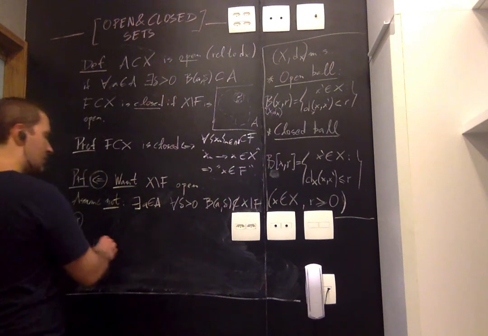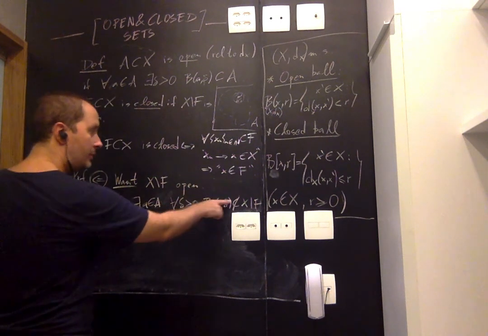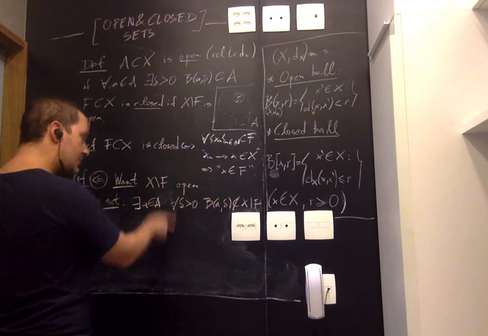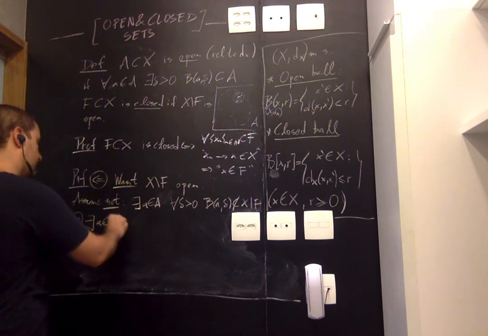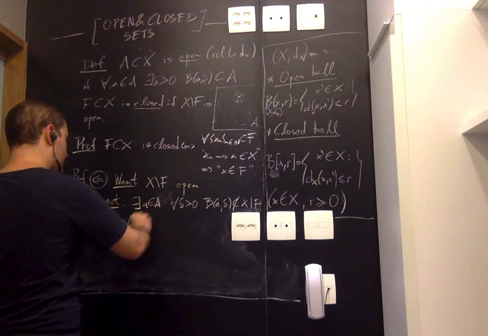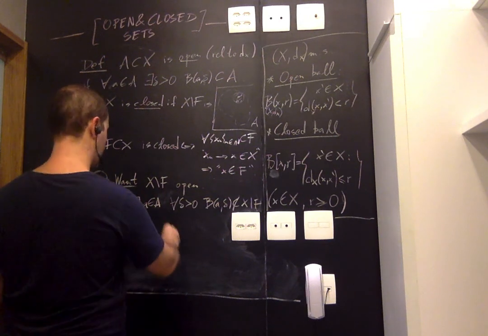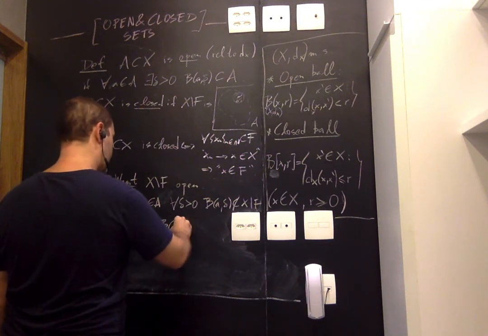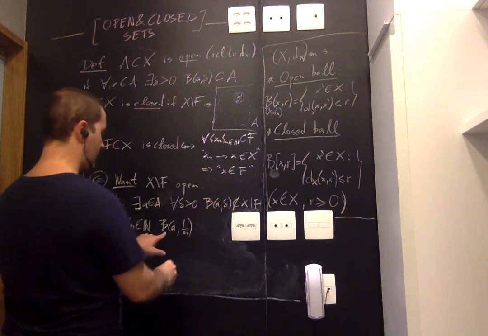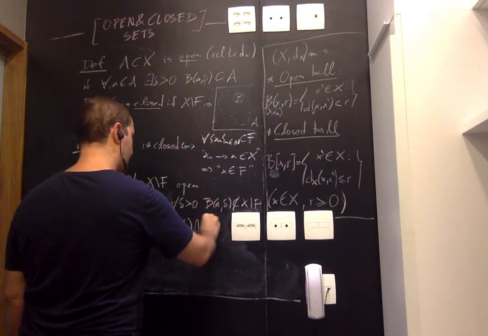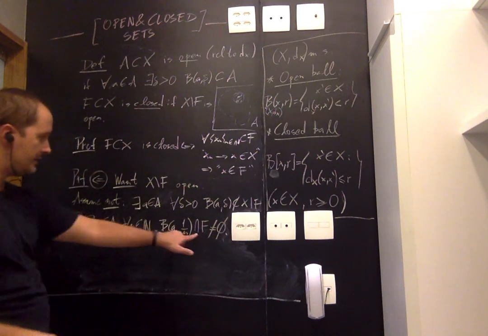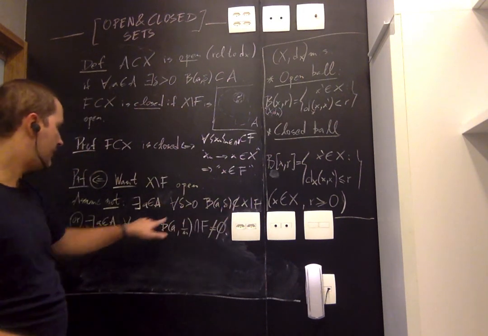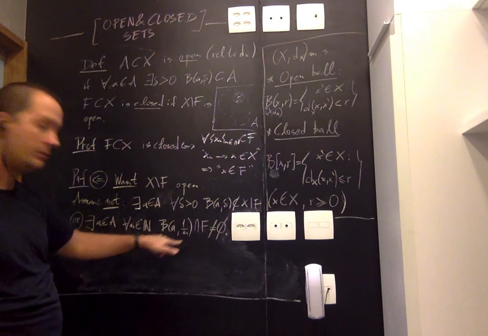Okay, so let me put it like this. And I'm only going to care about balls of radius of the form 1 over n. So there exists an A such that for all natural numbers n, the ball of radius 1 over n around A intersects f. That's the same thing as over here if I take delta equal to 1 over n, which I can do, right?